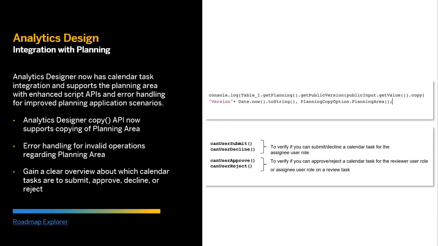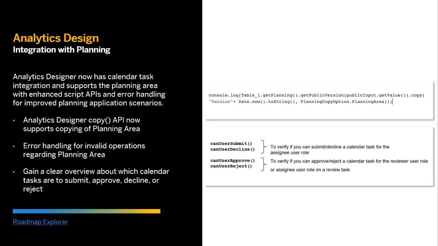The next new feature is the integration with planning, and here we also have two major features. One is that we are supporting planning areas using script API. That means we provide script APIs to copy public versions to private versions, and also to set user input, considering and integrating with the planning areas.